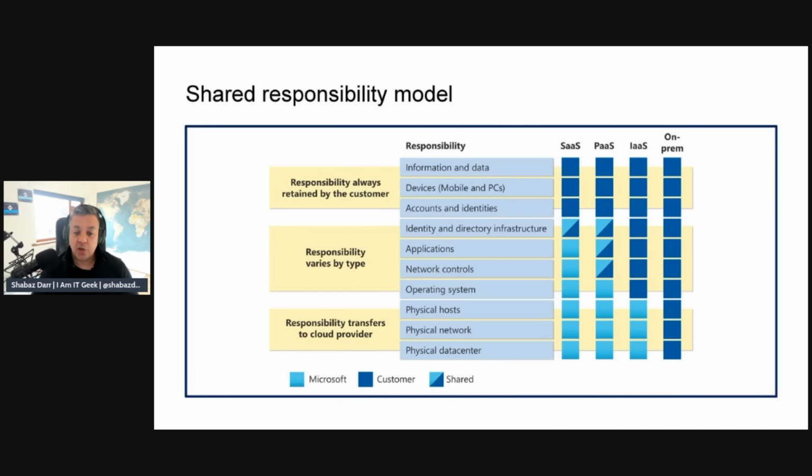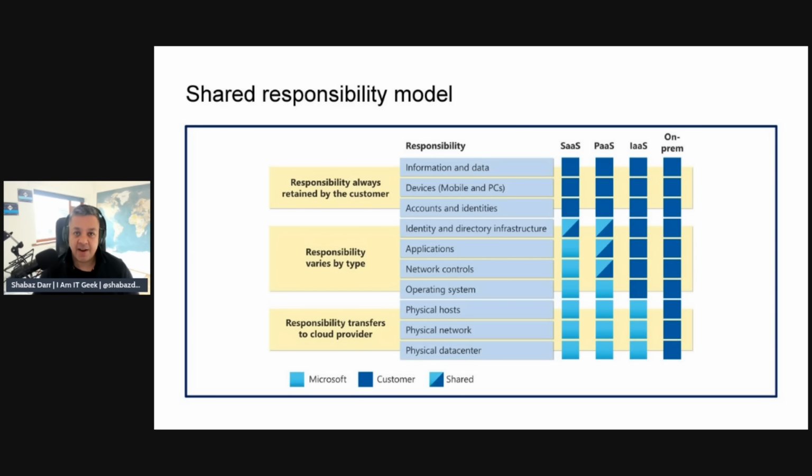So we start from the top. The responsibility is always retained by the customer. We've got information and data, devices, mobiles and PCs, and accounts and identities. In all SaaS, PaaS, IaaS, and on-prem services, this is always your responsibility as a consumer, as a customer, to manage. That doesn't change with any of those public cloud or on-premises services. We then start getting into more shared responsibility, where Microsoft takes over as well.